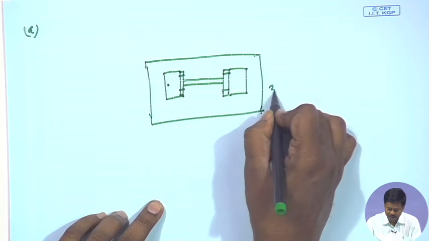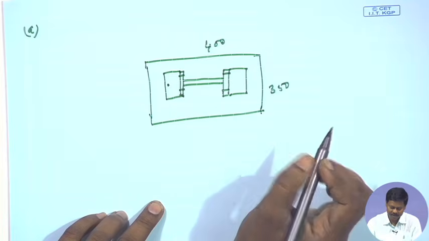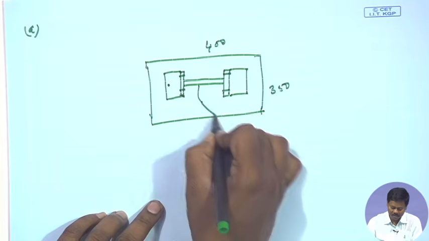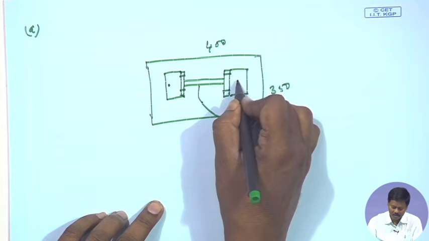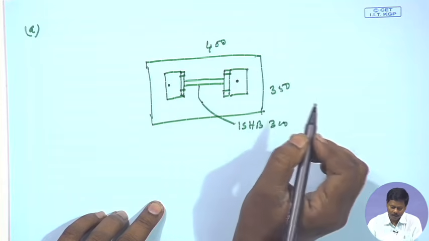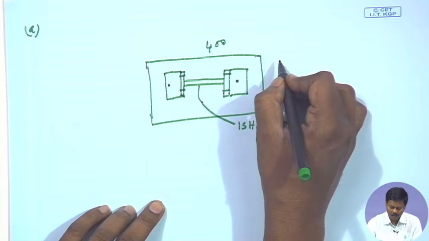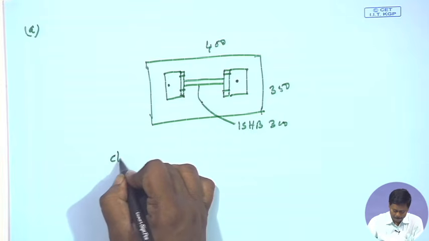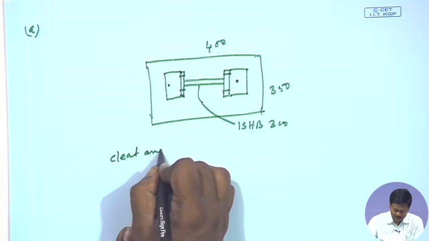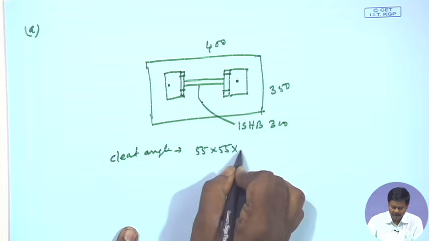So, this is 350, this is 400 the base plate size, this is ISHB 300, this is the bolt, and the nominal size of the cleat angle size we are considering, say 55 by 55 by 8.